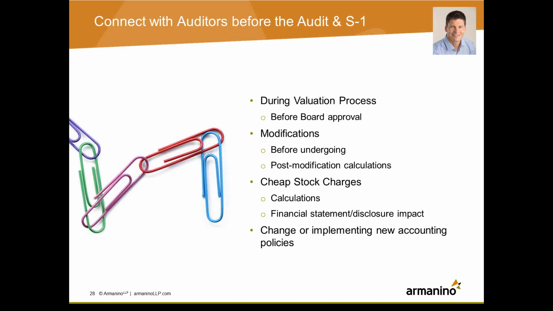Because if you change your accounting policy leading up to an IPO, either the audit firm or the SEC upon review of your S-1 may say, hey, that's a change in accounting policy, and the SEC dictates that you can only change from one method to another if it's preferable. Oftentimes they'll turn around and say to you, you need to get a letter of preference from your audit firm saying that what you switched to was a preferred method. So you don't want to encounter those delays and hiccups leading up to an IPO.